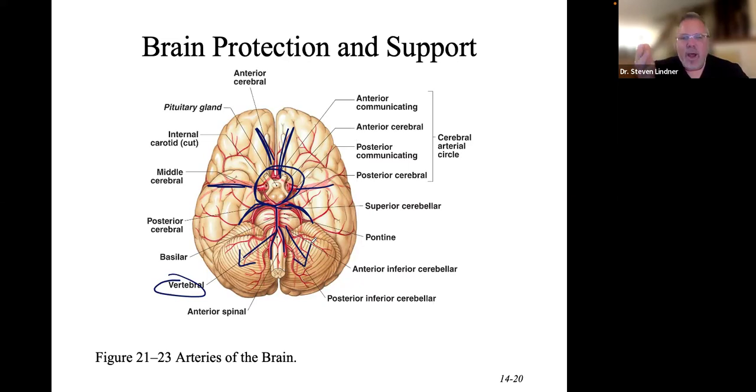Okay, and that's why when you have a blood clot or a thrombosis or a piece of fragmented calcium that sloughs off an artery, it's not really much of a problem where the arteries are big. It's where the arteries get very, very narrow and small.